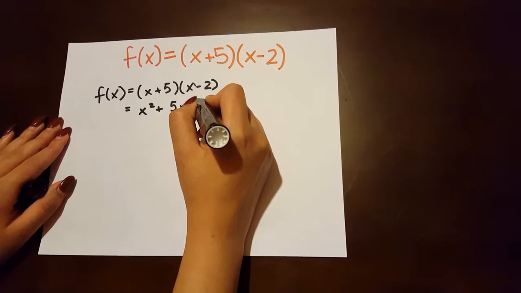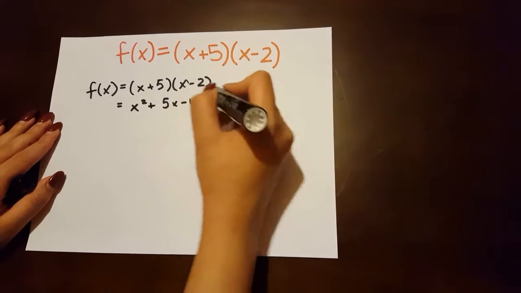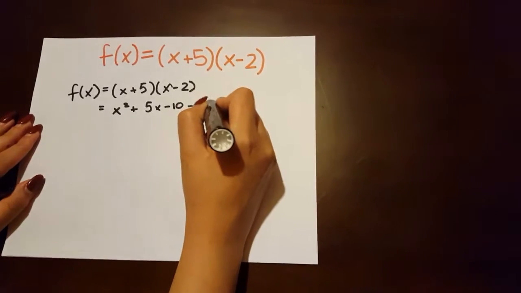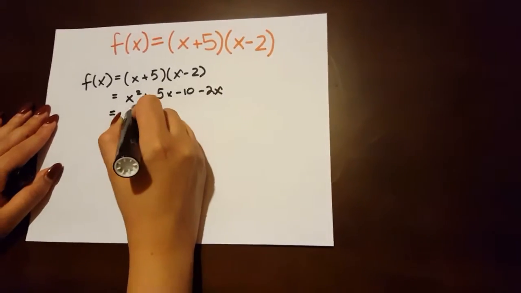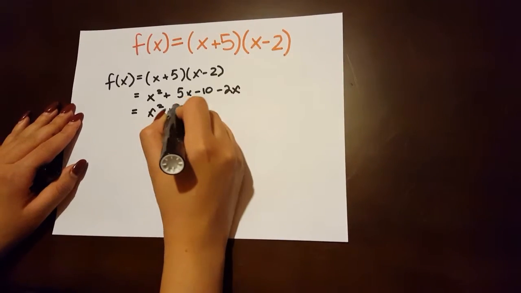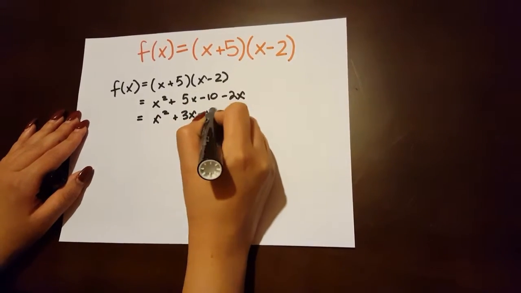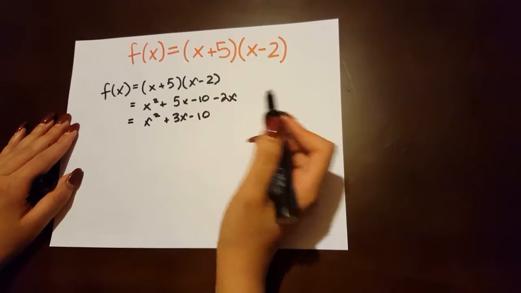Minus 5 times 2 is 10, minus 2x, and that equals x squared plus 3x minus 10. And that's what we get if we expand.